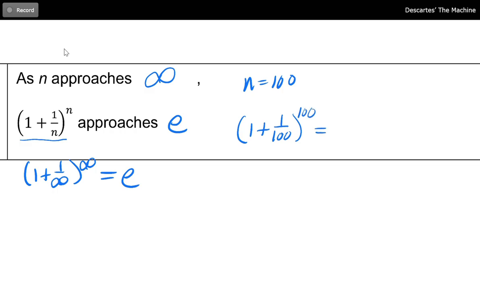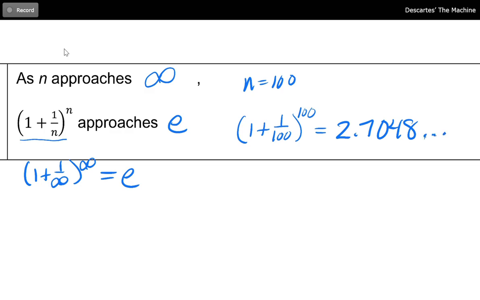So get out your scientific calculator and plug that in. I'm using my TI-84, and I'm going to do parenthesis 1 plus 1 divided by 100, close parenthesis, raised to the exponent of 100, and I get this decimal 2.7048... because it's an approximation.